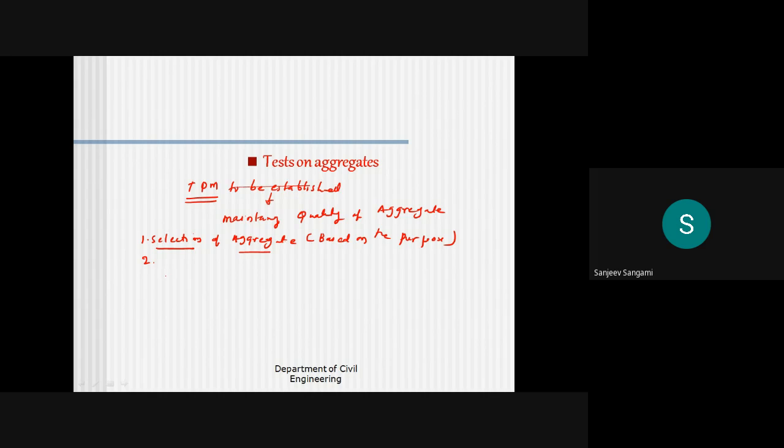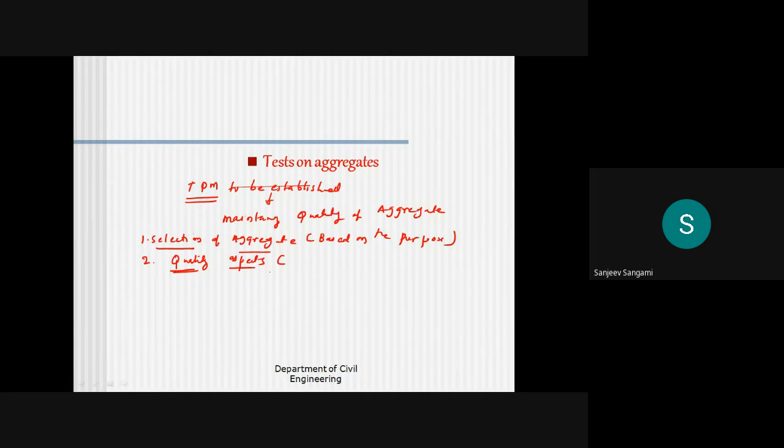Then quality aspects. What kind of quality? How exactly are you going to determine it? Quality aspects in the sense of whether proper gradation is there or not.